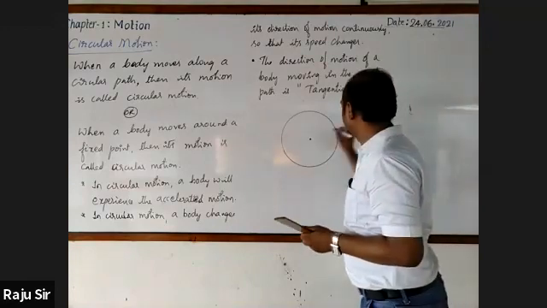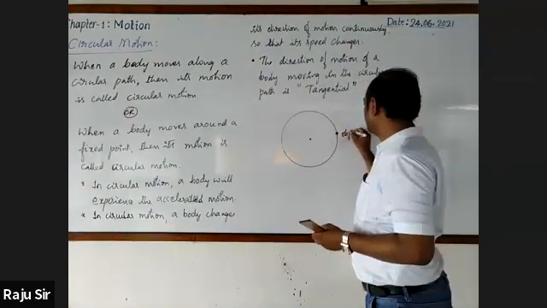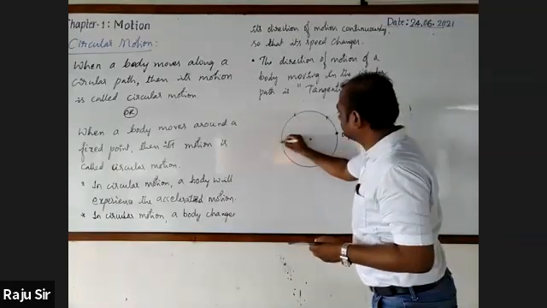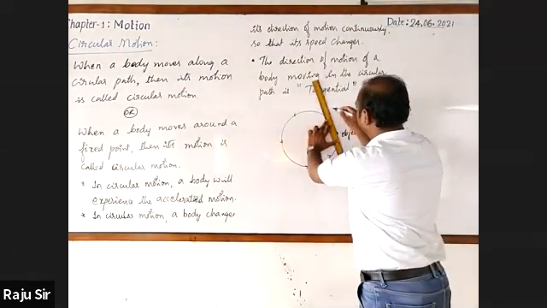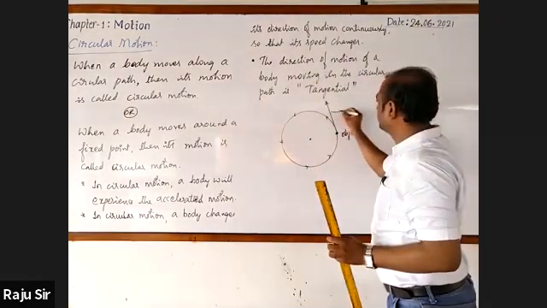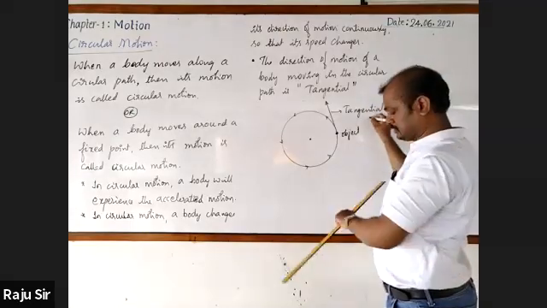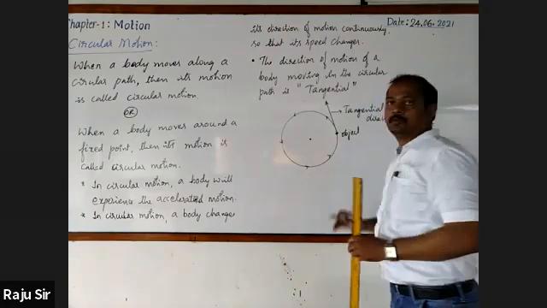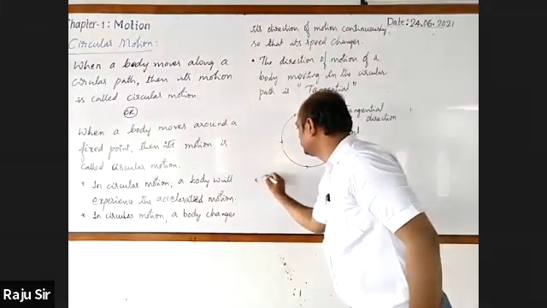This is the object, and it is moving in the anti-clockwise direction. Let me show the tangential direction with an arrow mark. This is the tangential direction.